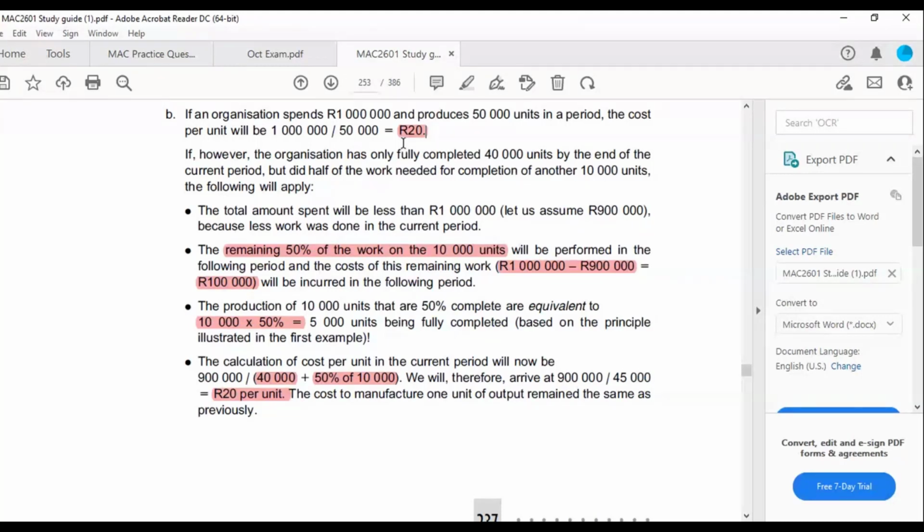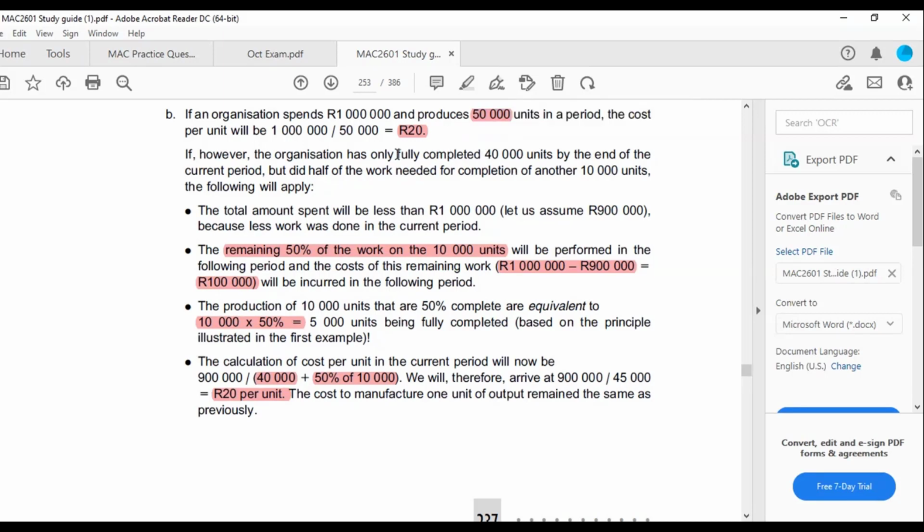So now we introduce another element to this whole situation. Let's say in August, I'm not going to use July, the organization only completed 40,000, and they did half the work. That means there's 10,000 remaining out of this 50,000 units.